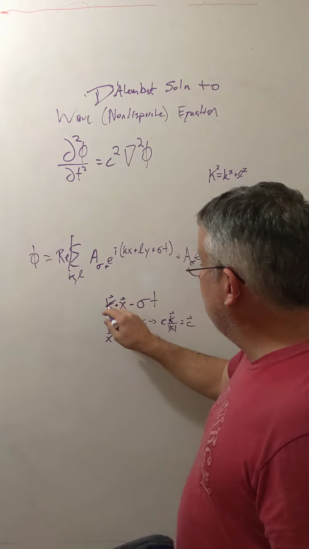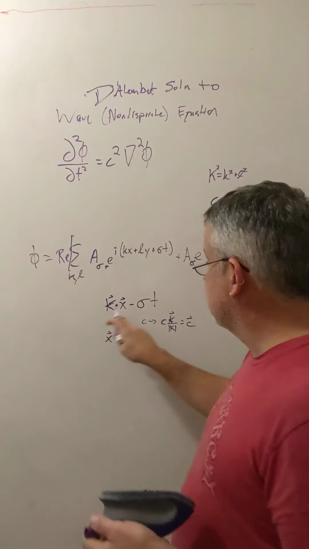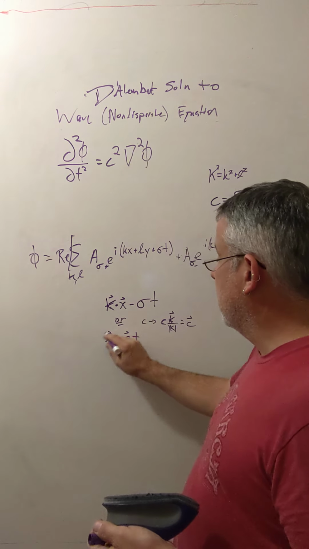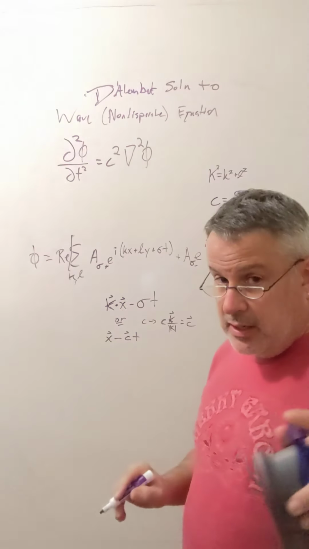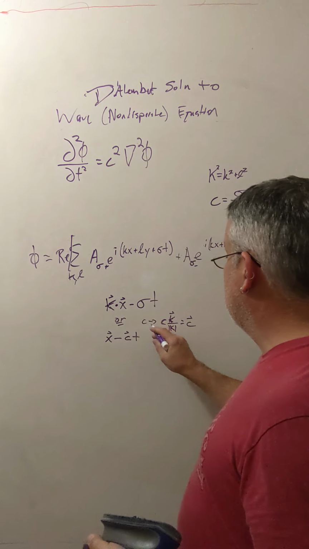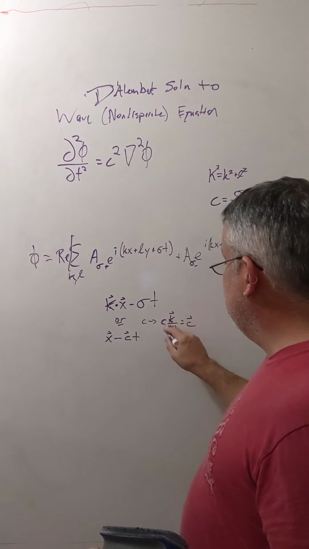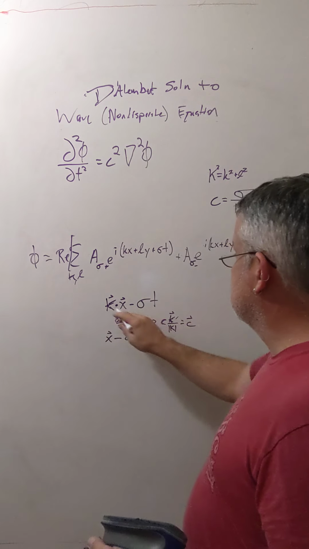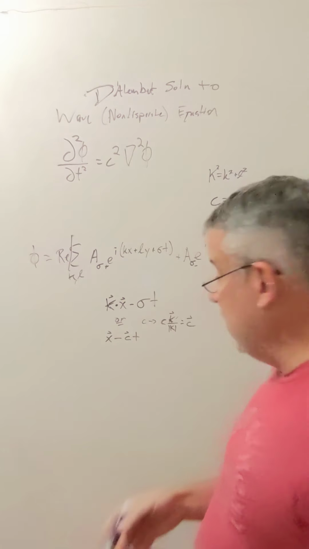Alternatively, I could divide through by the magnitude of k, and think about this as a vector relationship, where I am looking at position minus some wave velocity, not wave speed, times time. And that velocity in this case is just going to be the speed times, we already talked about how this is propagating in the direction of the wave number.